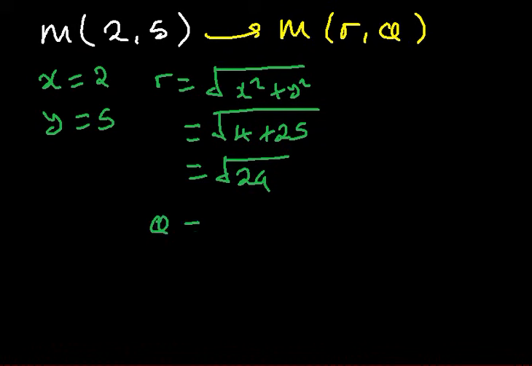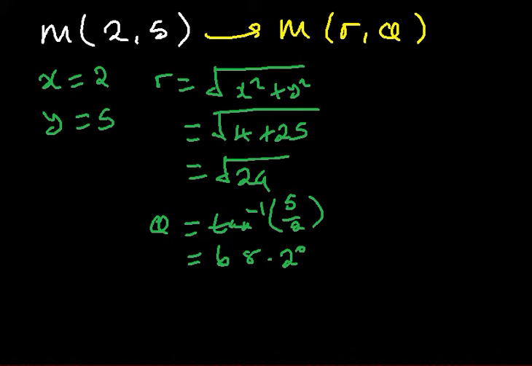And how about the angle theta? We'll have it as the tan inverse of y over x, that is 5 over 2. So that is the tan inverse of 5 over 2, which is given as 68.2 degrees.